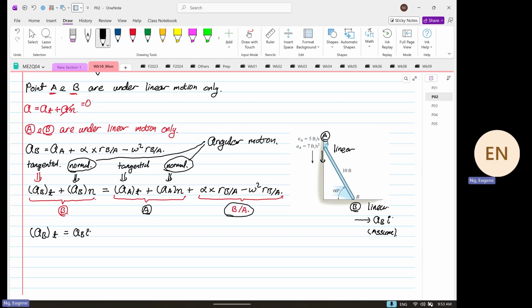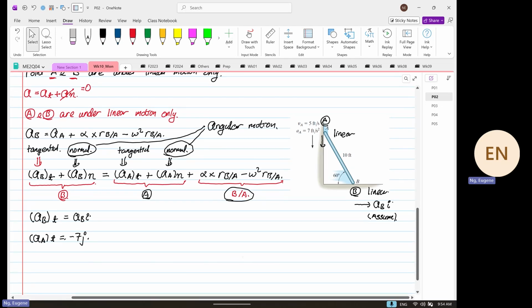Then we have acceleration at point A, tangential, and this we know is equal to minus 7j.